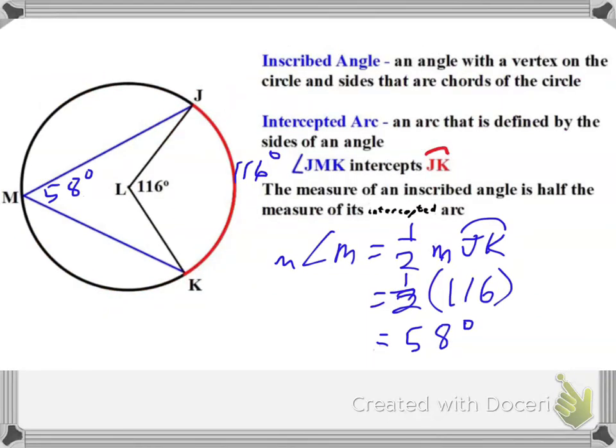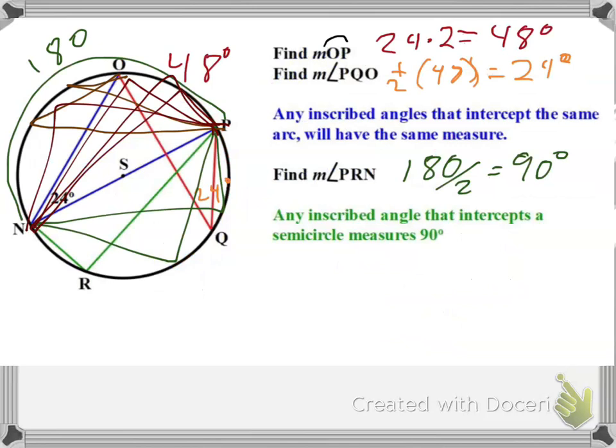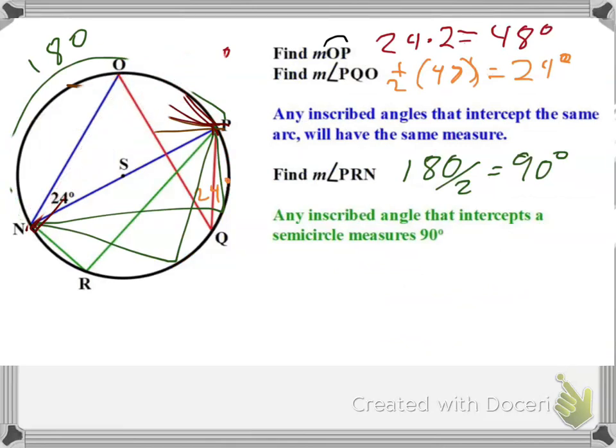Inscribed angles have a vertex on the circle right there, and their measure will be half the measure of its intercepted arc. So it's also half of that central angle. Any inscribed angles that intercept the same arc will have the same measure. And any inscribed angle that intercepts a semicircle will measure 90 degrees.